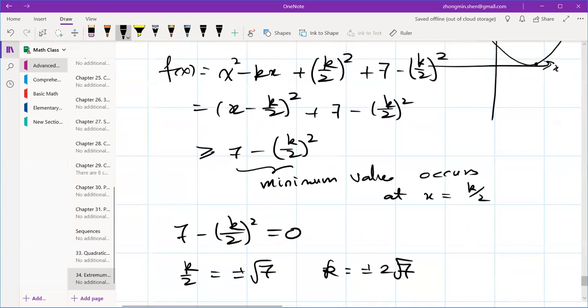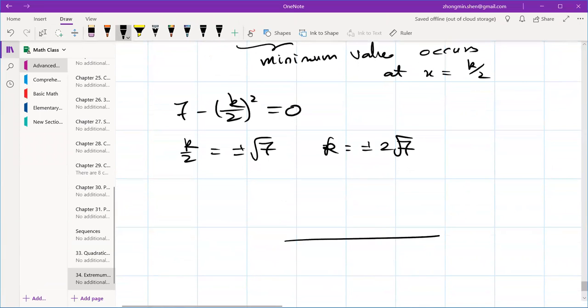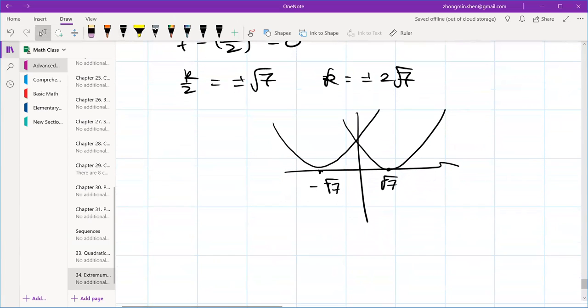So there are two solutions. Positive square root of 7, negative square root of 7, so you get 2. Good. All right, so you have two solutions for this particular problem.